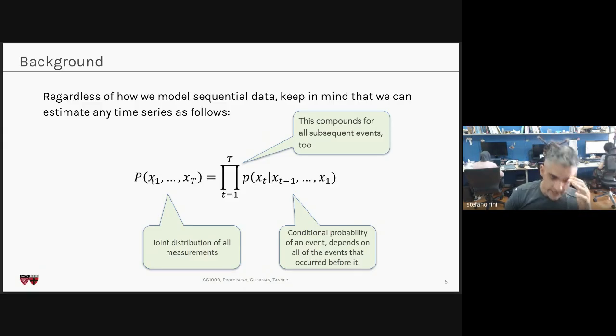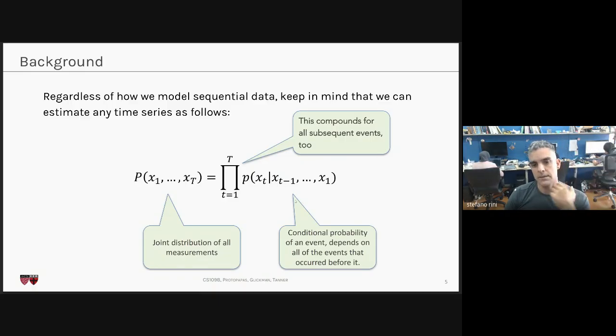tokens, T entities of language, T instances of language, and we imagine that this is generated as the product of a set of conditional distributions. Notice here that the product goes from t equals 1 to big T. This is a product of conditional distributions: the distribution of x of t given x of t minus 1 all the way to x1.